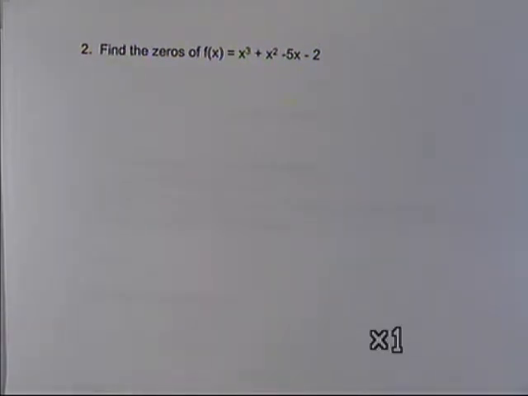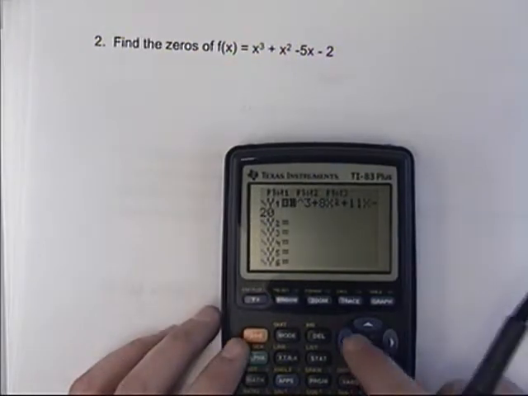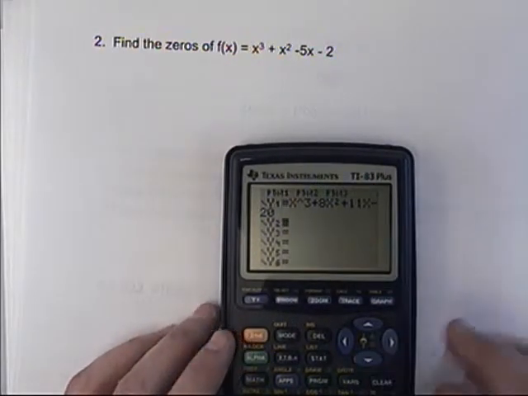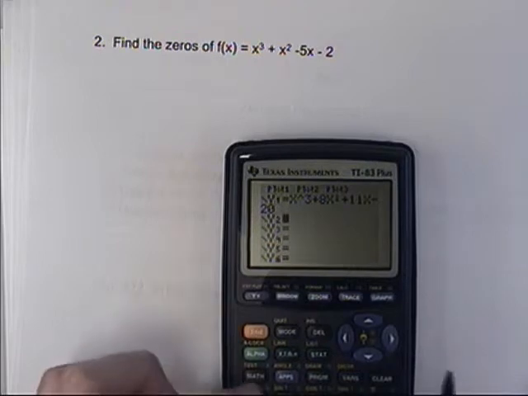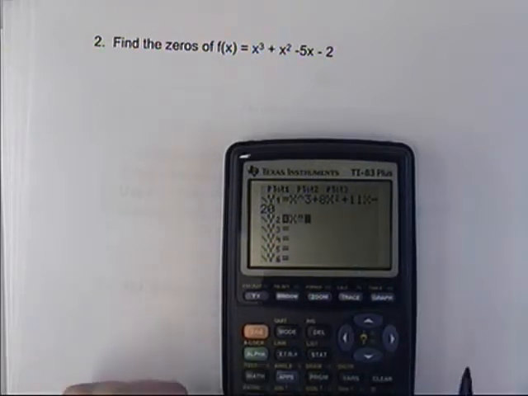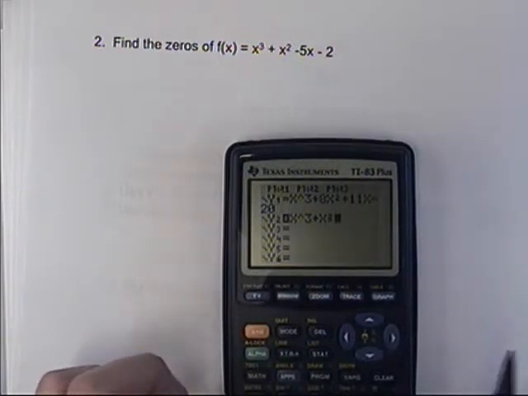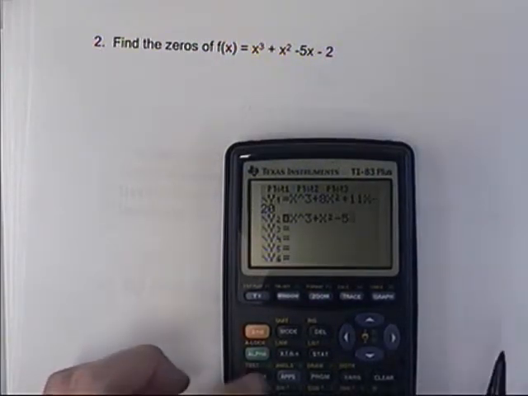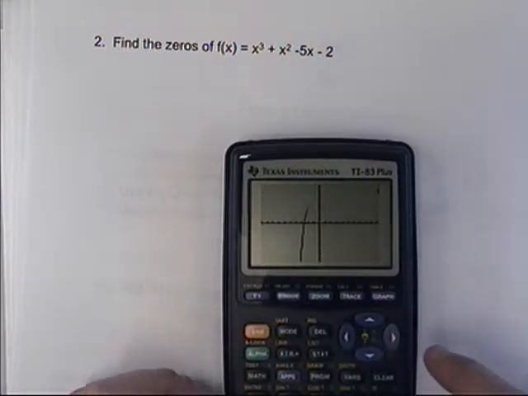So, for number 2, again, I'm going to go back to my graphing calculator, and this time it's going to be x cubed plus x squared minus 5x minus 2. Okay, so we take a look at this one.